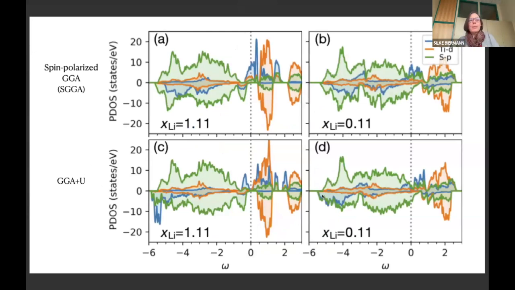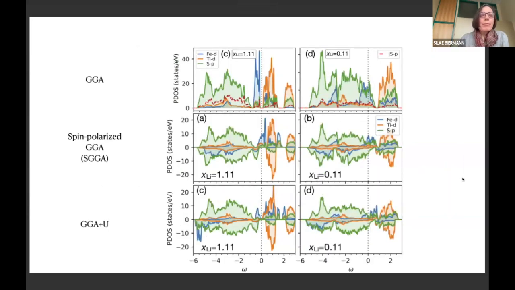Okay, now we can do this in a more refined fashion. The upper panel is still the GGA. Spin polarized GGA actually undoes what we just achieved, namely the low spin band insulating lithiated compound here now becomes metallic again because you push electrons into the EG states.